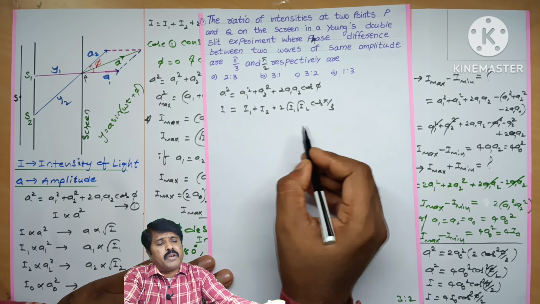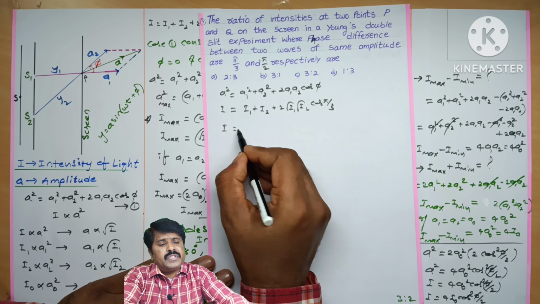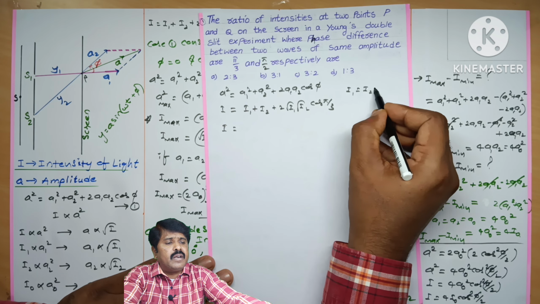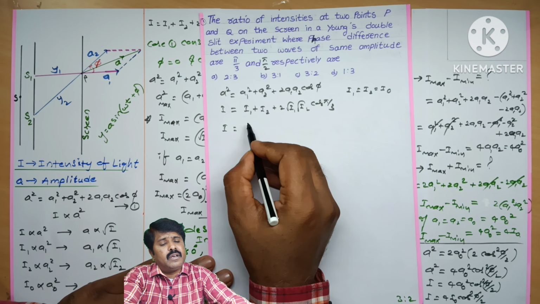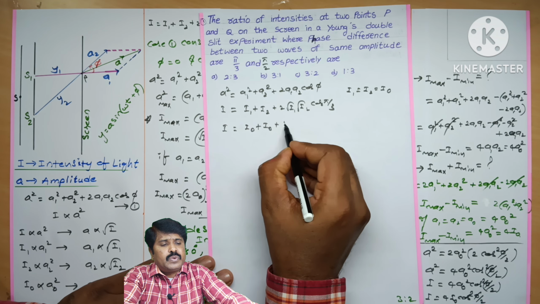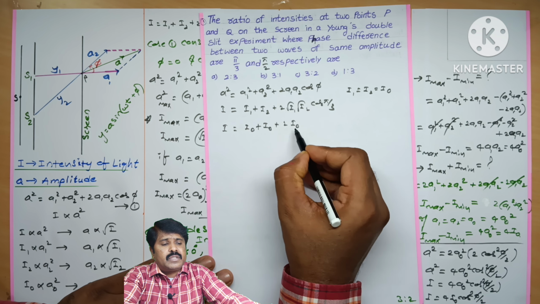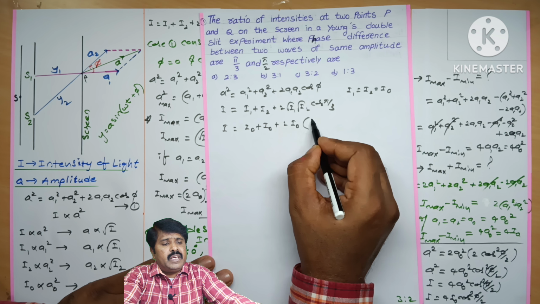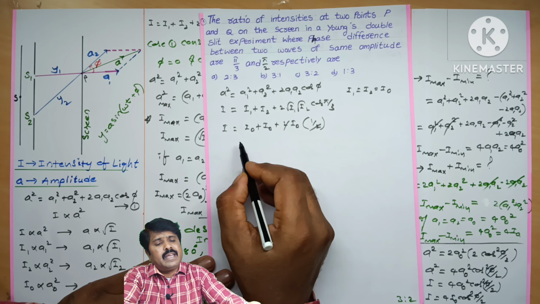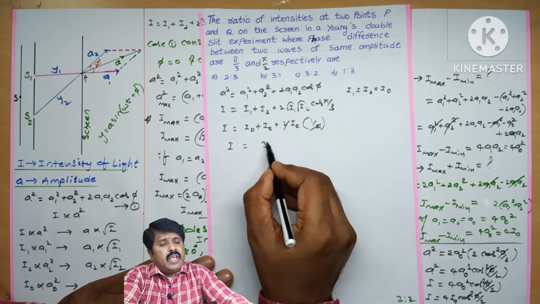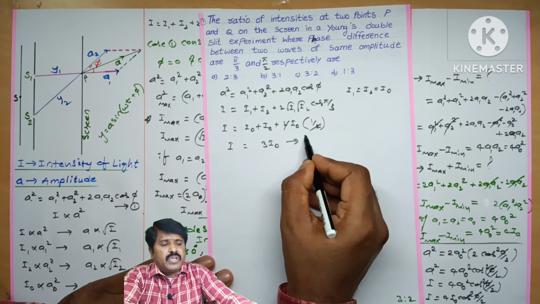Cos 60 is 1 by 2, so that I, which is equal to intensity is the same, that is I1 is equal to I2 is equal to I naught, so that I naught plus 2 I naught, the square root gets cancelled, and cos 60 is 1 by 2, the 2 gets cancelled, I am getting I, which is equal to 3 I naught.